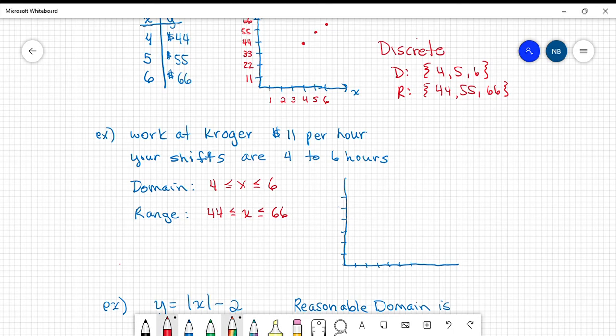Now, to draw my graph, I still need to start with some guide points, so I'm going to label my x and y axes the same way I did last time. 4 hours results in $44. 5 hours, $55. 6 hours, $66.